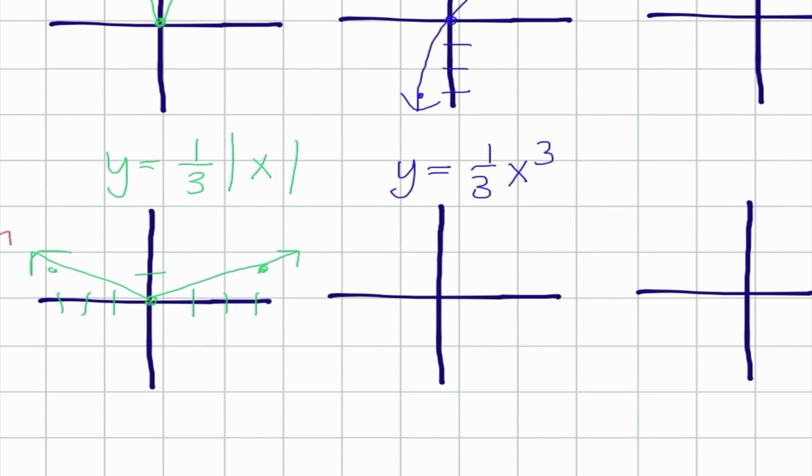And our last cubic function, y equals 1/3 x cubed, this time since this is less than 1, it is a vertical shrink. So I'm starting at the origin and I'm going to go up 1 and over 3, down 1 and over 3. That was a really bad example of how to graph that, but we get the hang of it: it is a vertical shrink because of that value.